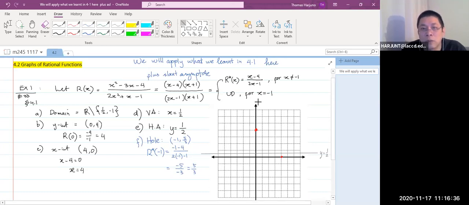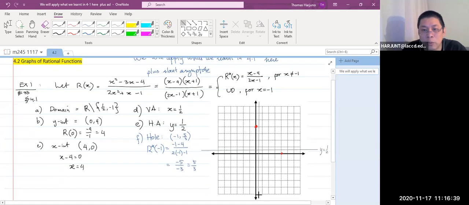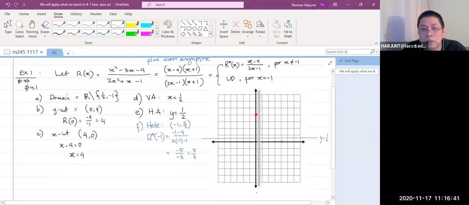Oh wow, it happens to be both 1/2. And the hole is at (-1, 5/3). That would be here, that would be the hole. 5/3 is approximately 1.67.